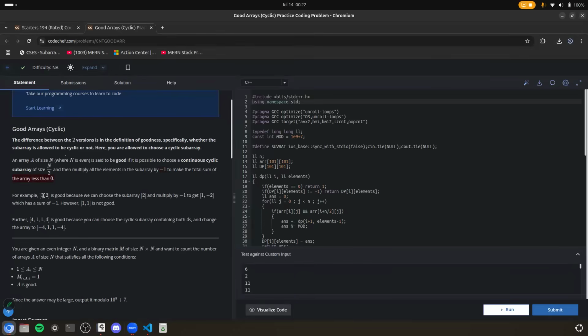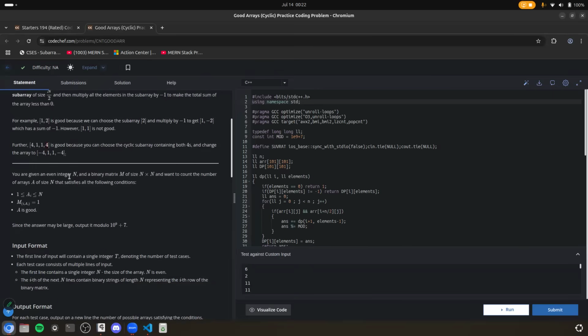For example, this is good because we can choose the subarray 2 and multiply it by -1 to get 1, -2, which has the sum of -1. However, this is not good. Further, this is good because you can choose the cyclic subarray containing both 4s and change the array to -4, 1, 1, -4.